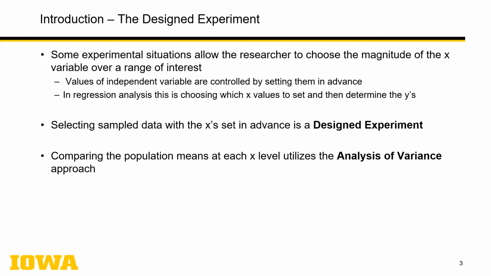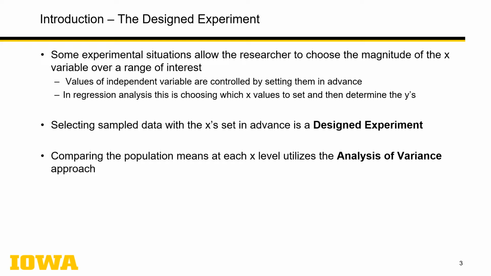So these experimental situations that you are in, and there are of course almost an infinite variety of them, but in the designed experiment approach, you, the researcher, have the capability to choose the magnitude of the x variable over some range of interest.